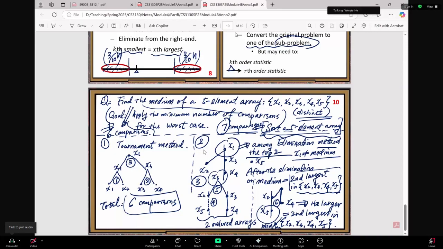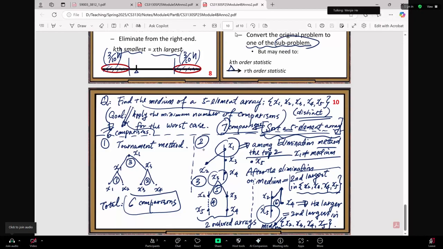But here you can use the result, right? We have the result here. You do not have to repeat. In this question, you can assume we have the algorithm to find the median of 5 elements with the number of comparisons here. You can see 6, the largest number, but not 7.